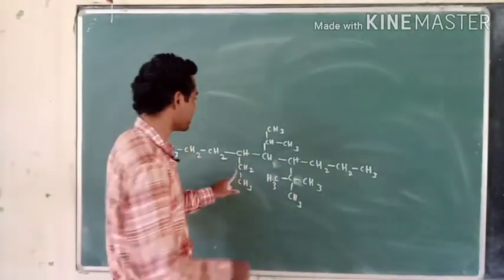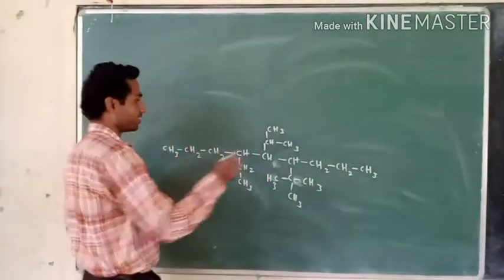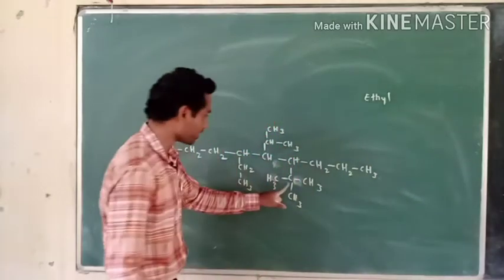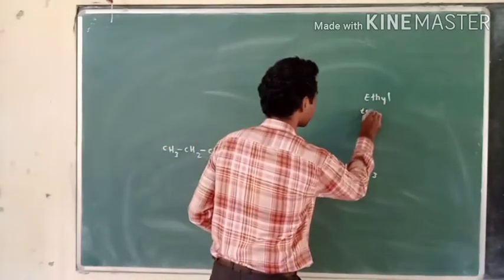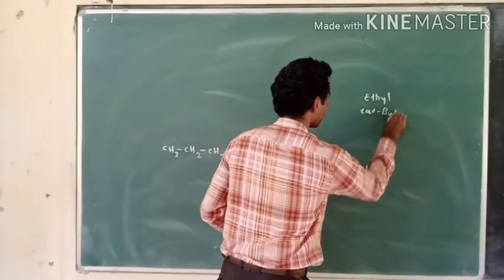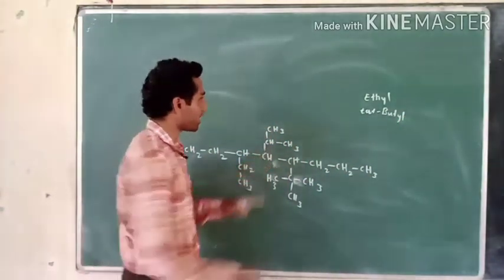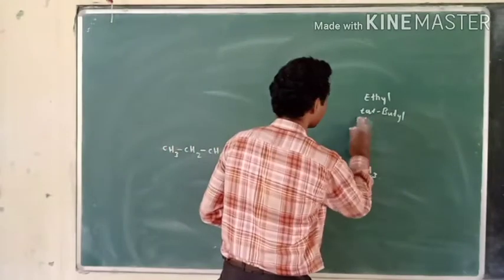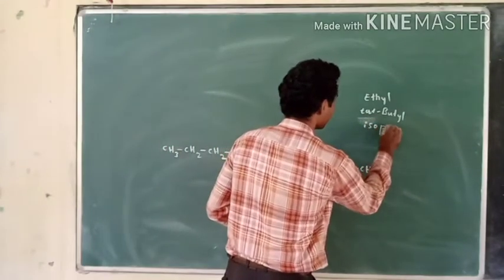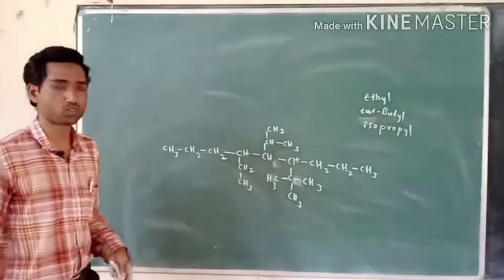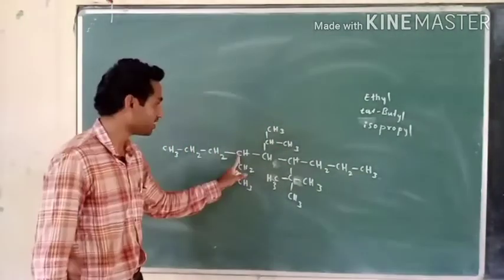So this one is ethyl. One is ethyl. Another one is tertiary butyl. Another one is isopropyl. These are the 3 substituents which are present in this molecule.